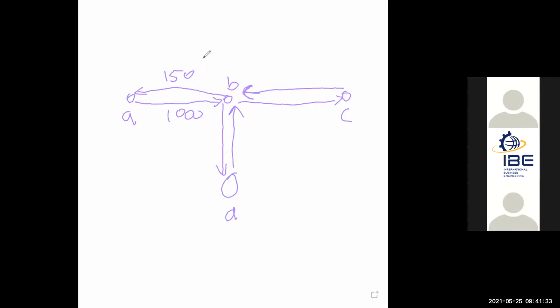And BC is 1,200. And BD is 750. CB is 500. And then DB is 600.